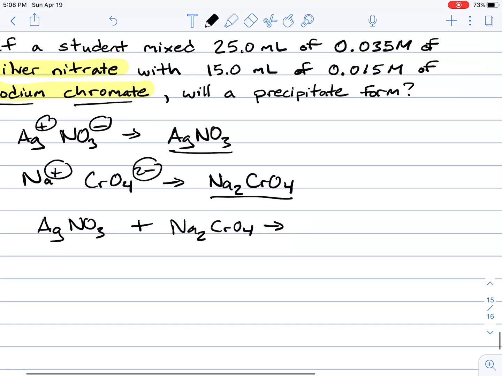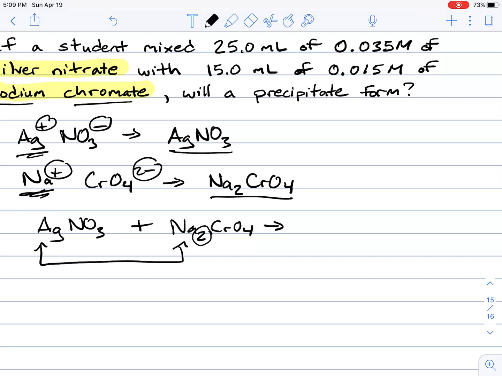And it's going to produce, notice that I have 2 cations, so this is a double displacement reaction. For the double displacement reaction to occur, I'm going to switch the position of my ions. But when you switch the position, you are not keeping the subscript. You need to create a new chemical formula.